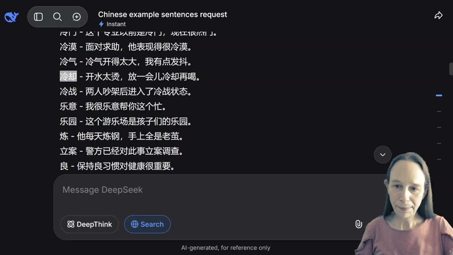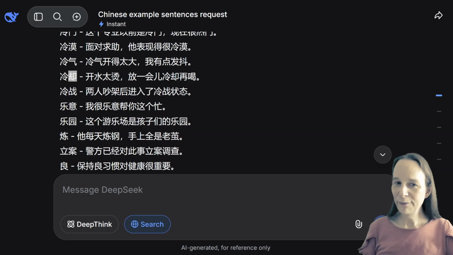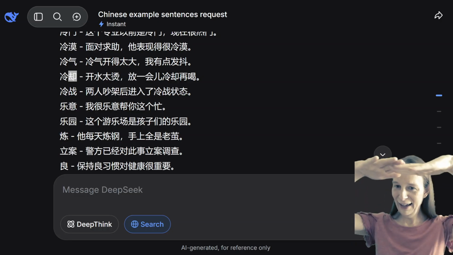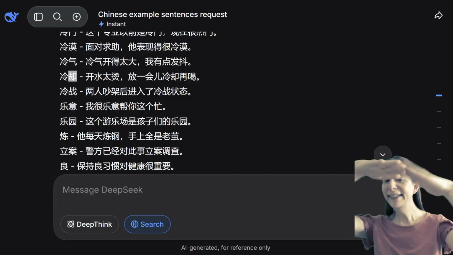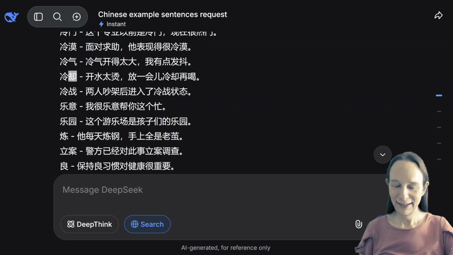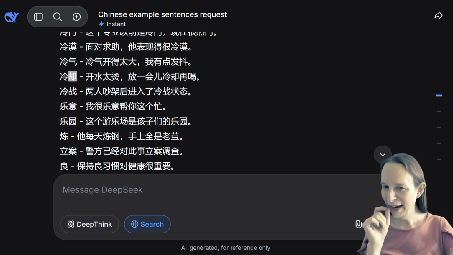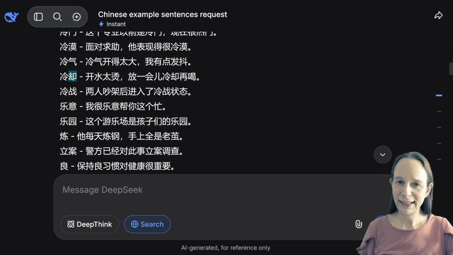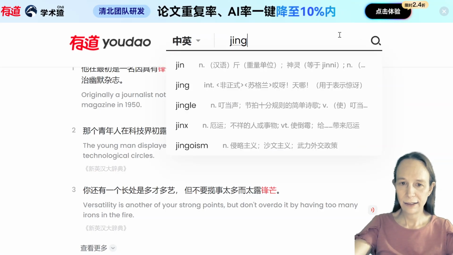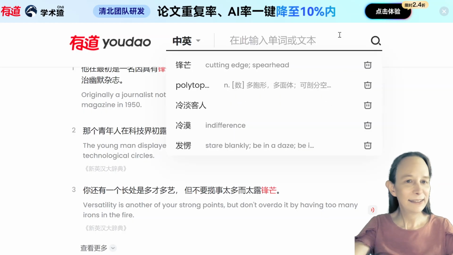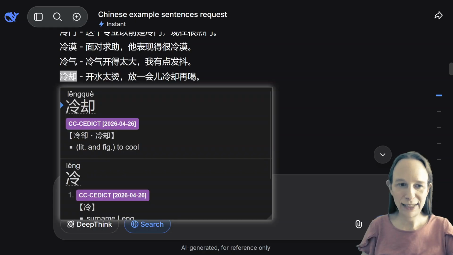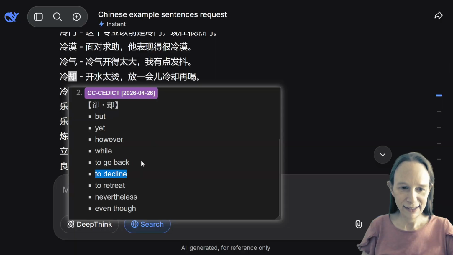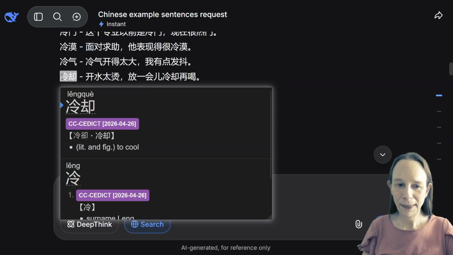冷却. So the 却 kind of emphasizes going down, a decrease in temperature. Yeah, it's used in other words, but I can't think of any at the moment. Is it like 精确 or something like this? I'd have to look them up. 冷却. So it's kind of like cool down. The 却 decline, this one, is another word.